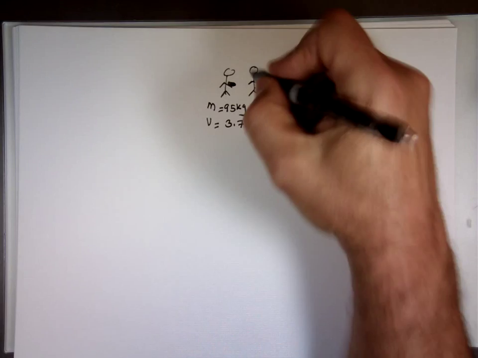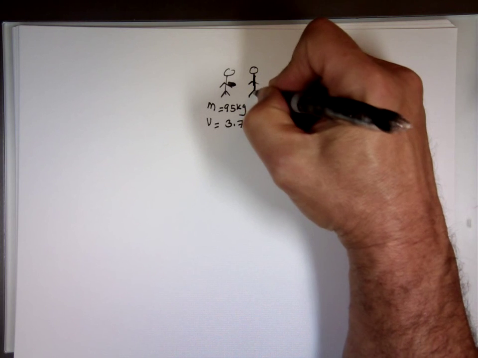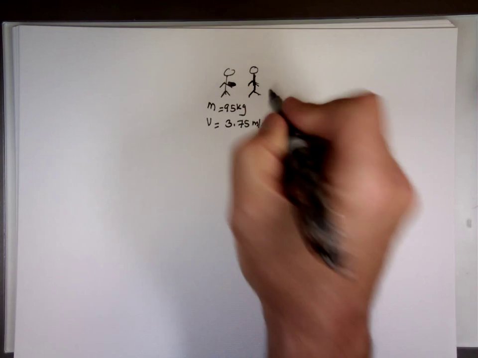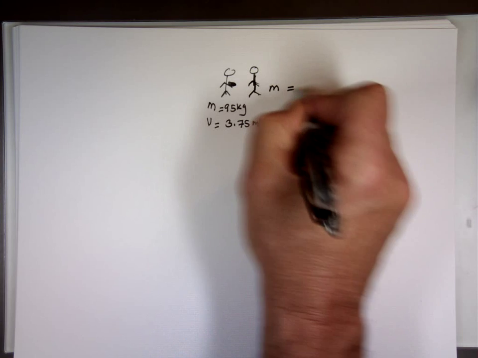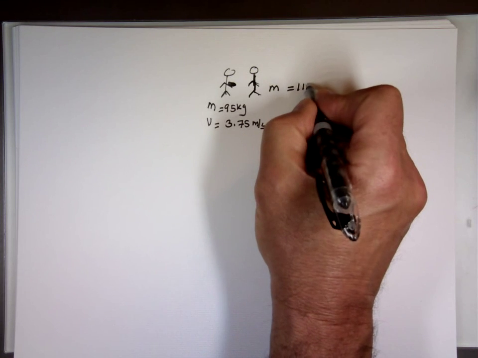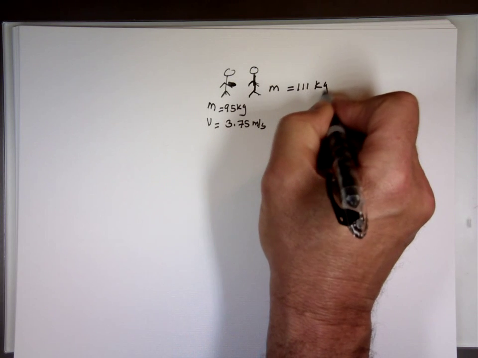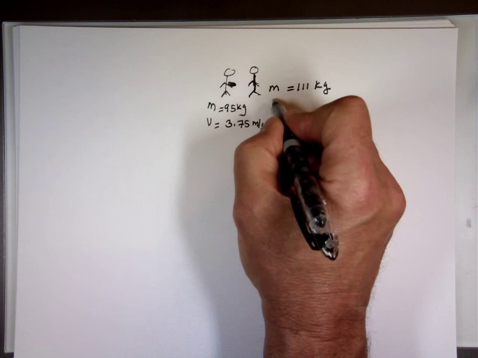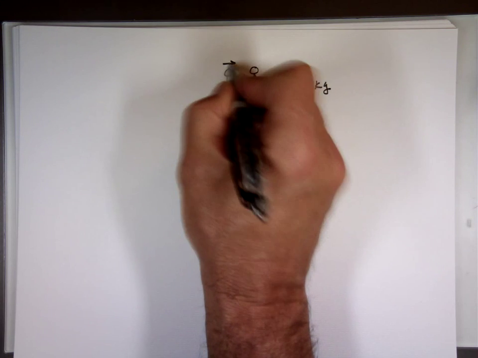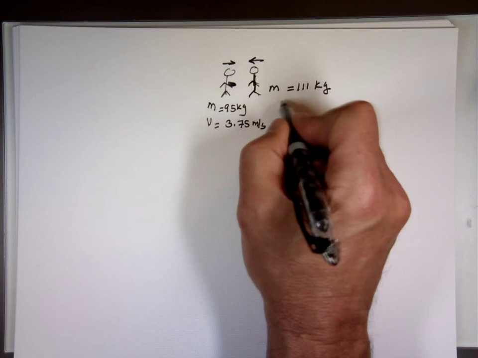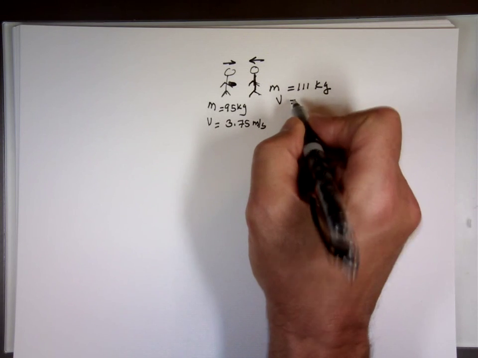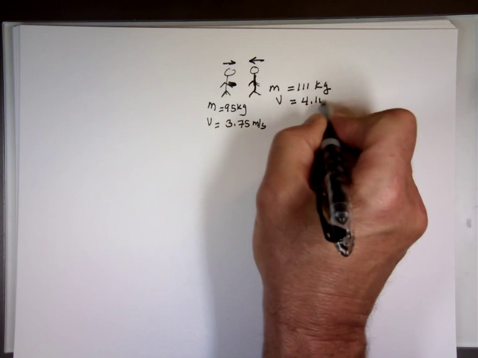Here we got a big guy trying to block him, a linebacker. The mass of the linebacker here is 111 kilogram, and it's moving with a velocity. So this running back is going this way, this one is running that way. The velocity of this one is what? 4.10 meters per second.